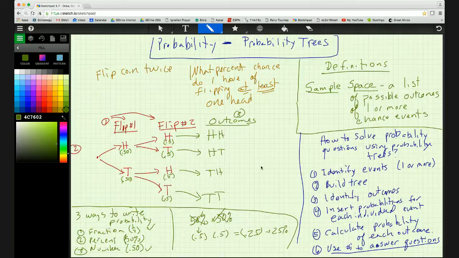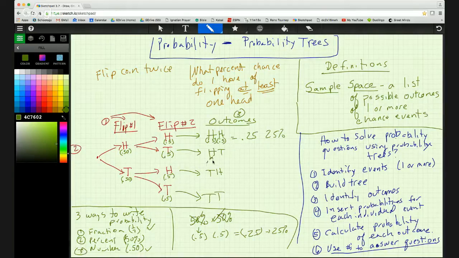So now we're going to calculate the probability of each outcome. This is step 5. And the way we do this, the whole big aha, the new learning experience, is all you do is multiply these numbers. So 0.5 times 0.5 equals 0.25, or 25%.